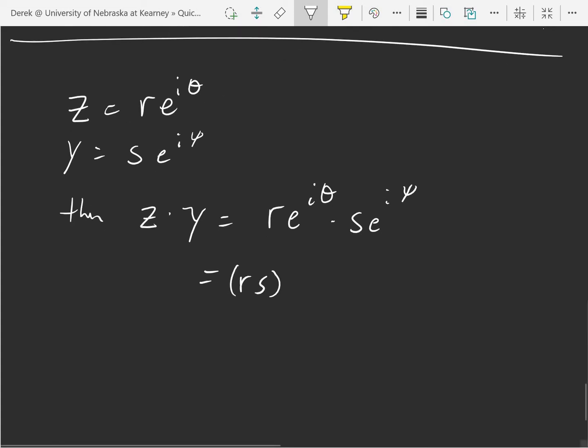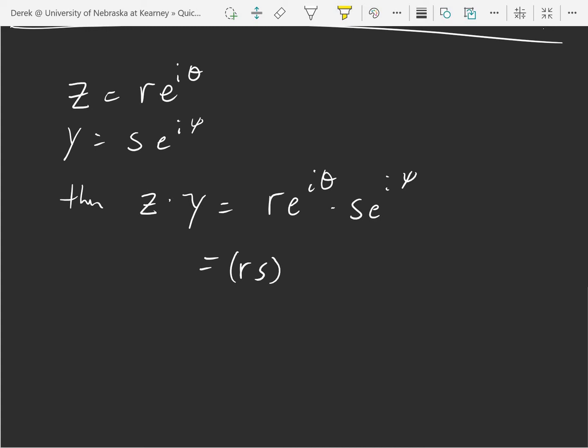So I just multiply their lengths, their magnitudes, and e to the i (theta plus psi) is how that exponential operation works, right? If you multiply two things with the same base, you add their exponents. So what happens is the lengths multiply and the angles add.